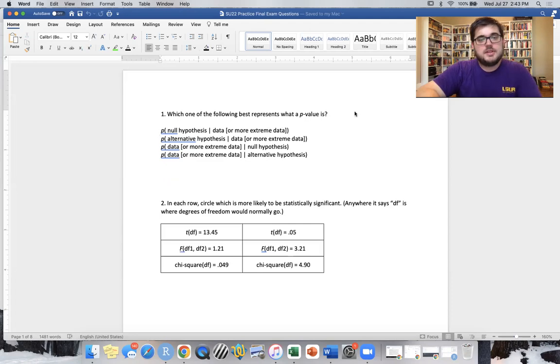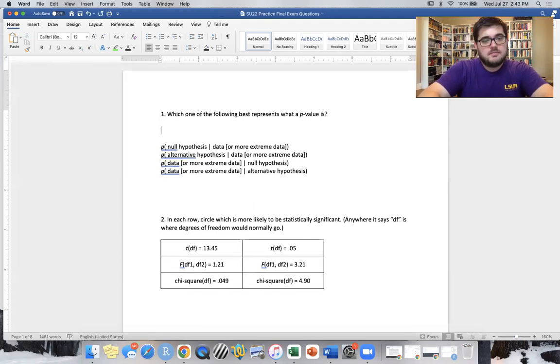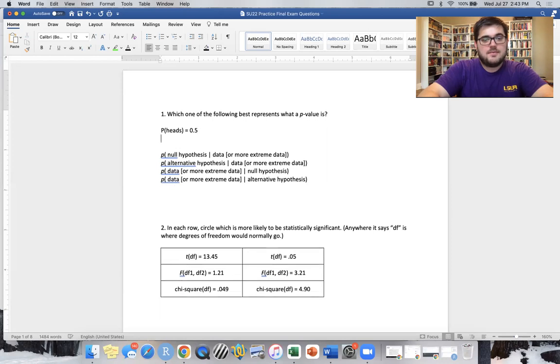So probability of heads, if you're flipping a coin, equals 0.5. That's 50%. But let's say we have probability of heads given that, that's what the little vertical pipe means, given that it's an unfair coin.